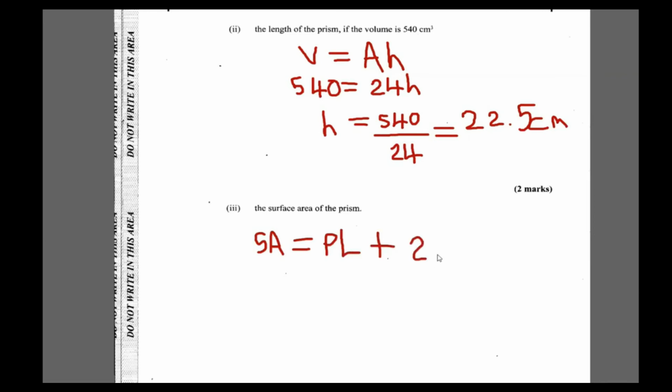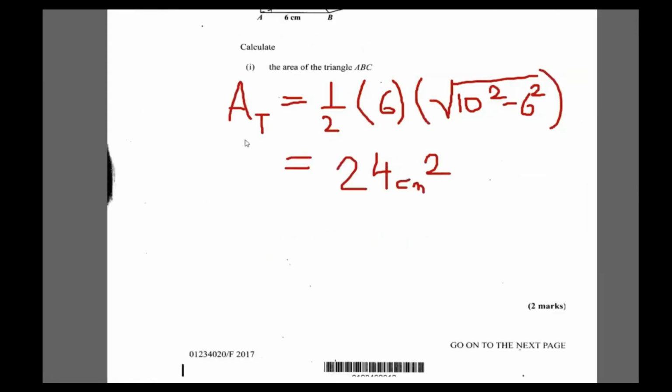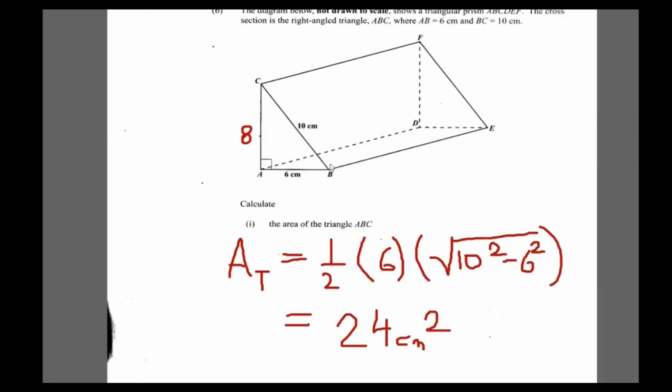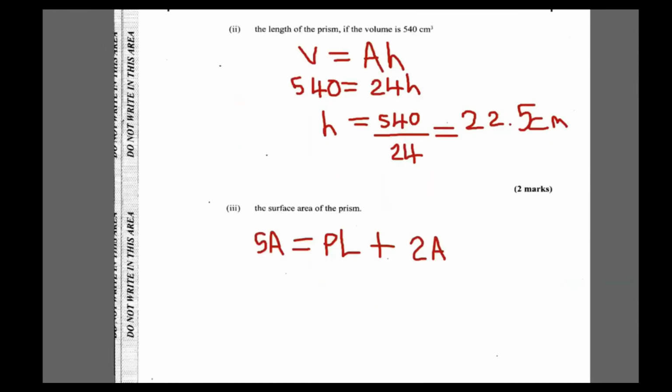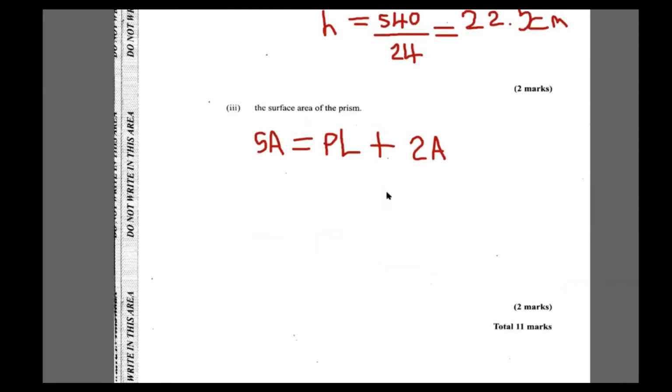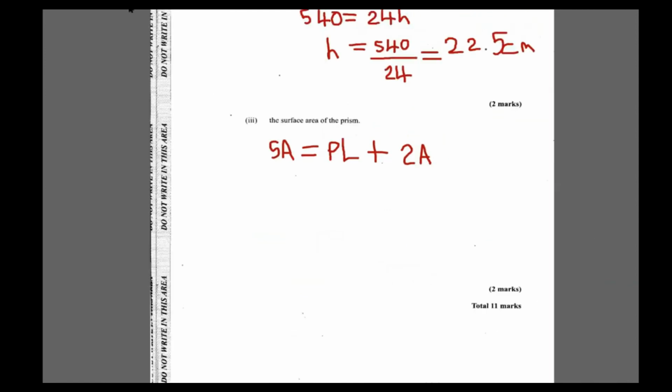The perimeter we're talking about is the perimeter of the cross-section. The length we're talking about is this. And the area is the area of the cross-section. That's how we find surface area.